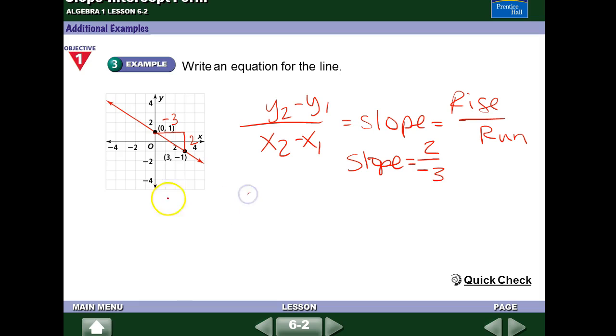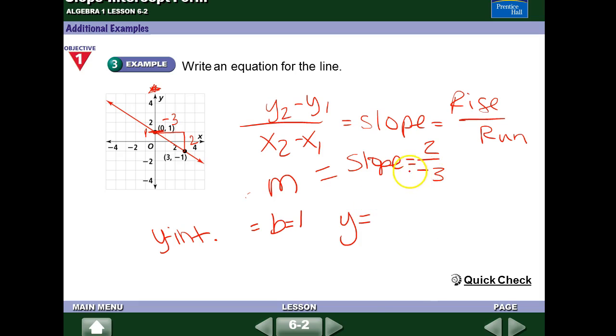So then I need to find, which is going to equal my m value, I need to find b. B is my y-intercept. So it's where it crosses the y-axis, which is right here. If we go through, it crosses right here. This is at 1, so b is going to equal 1. So plug it in. Y equals, what's my m?